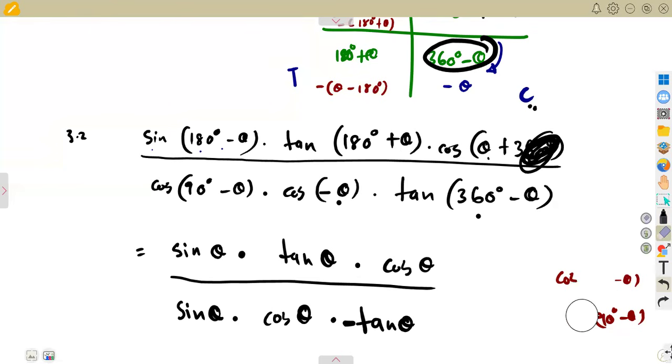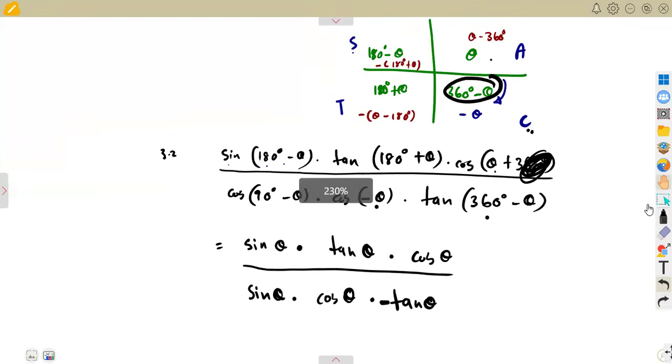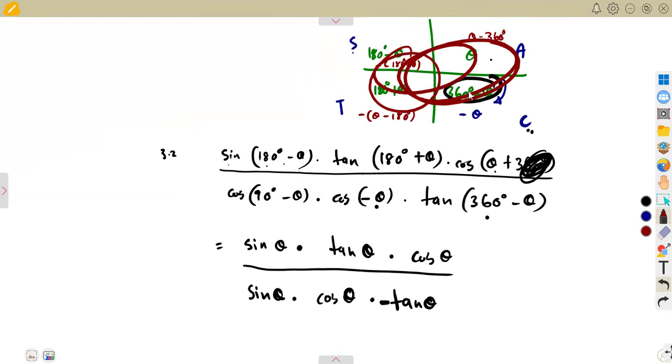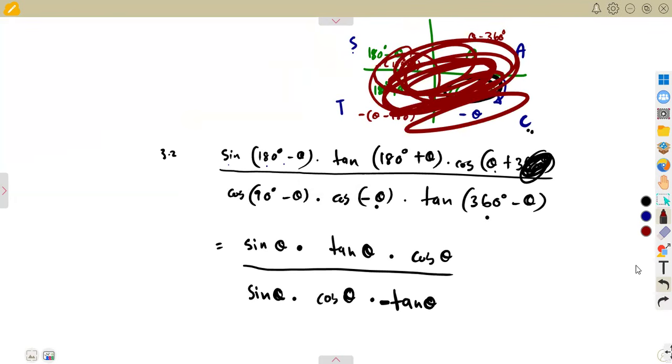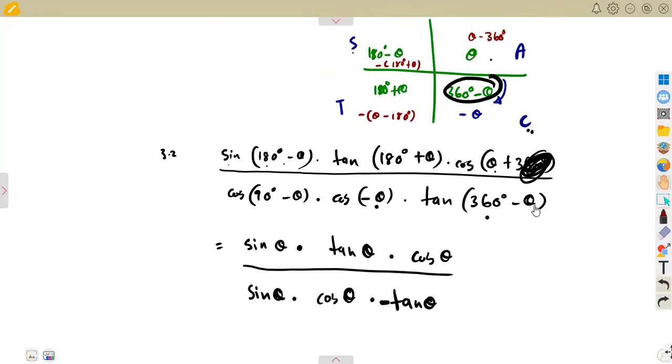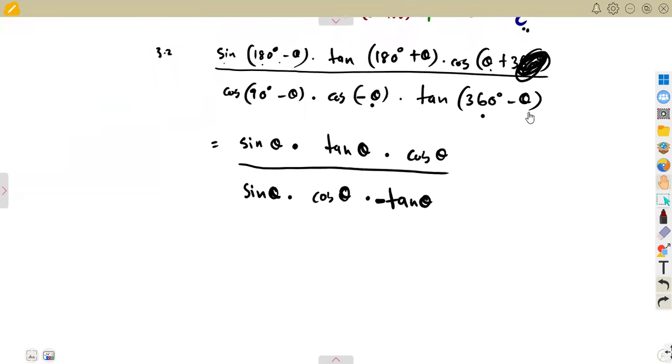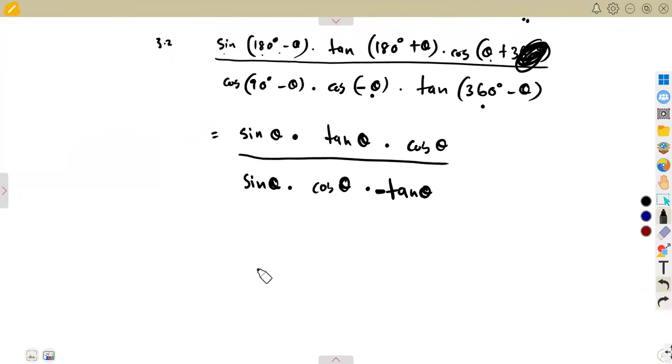So do not confuse positive angles with the positive of a trig function. The positive of a trig function is what you use because of the quadrant, whether it is the quadrant of cos, tan or sine. Being a positive angle is something else. Like I said, please guys, let's go through our trigonometry video so that we can understand much more about this.